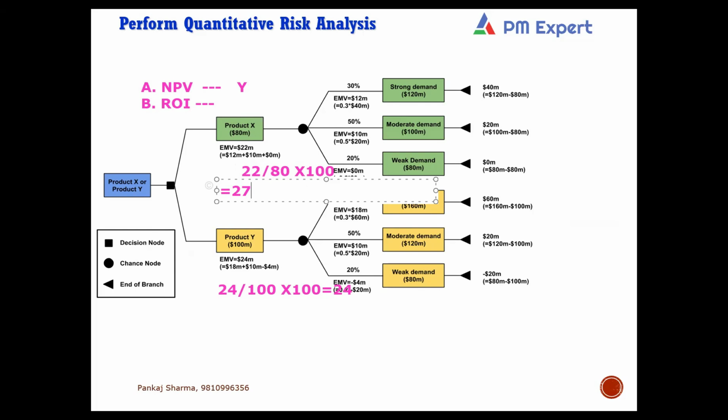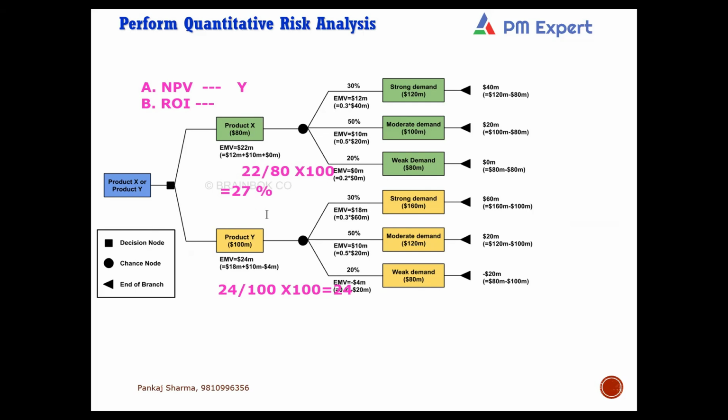So 22 is the expected profitability here, but 80 is the investment. So what is the expected ROI? 27%. This is EMV of NPV, but EMV of ROI is 27%.